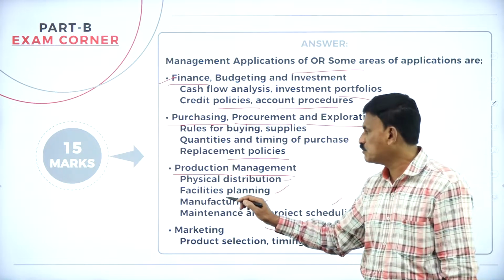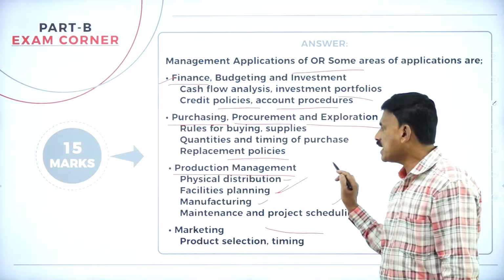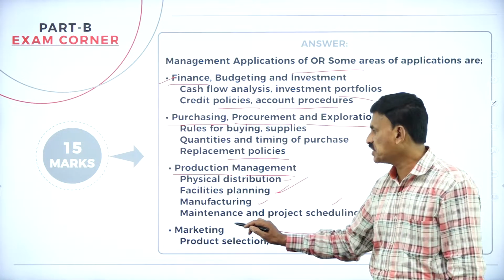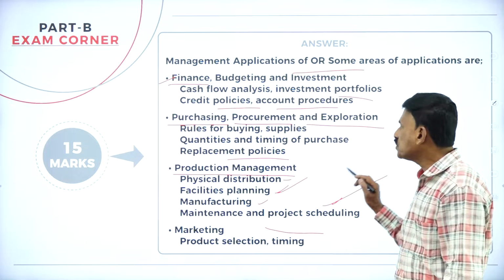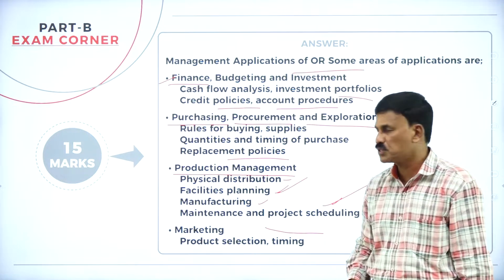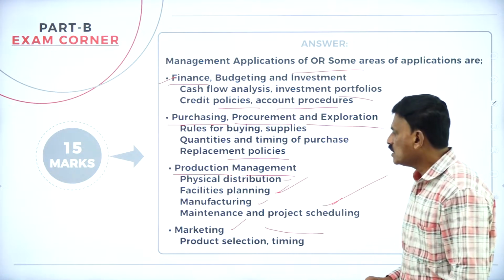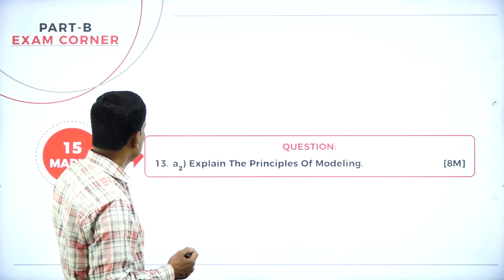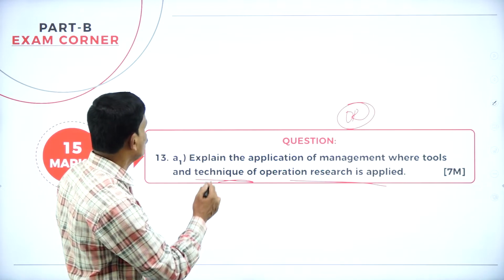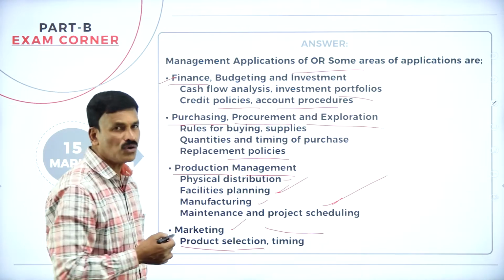In production management, physical distribution and the facilities planning, manufacturing as well as maintenance and project scheduling can be done with the concept of this OR. Now a very important application of OR is selection of the product as well as the timing. So these are the few applications of management where tools of OR is used.